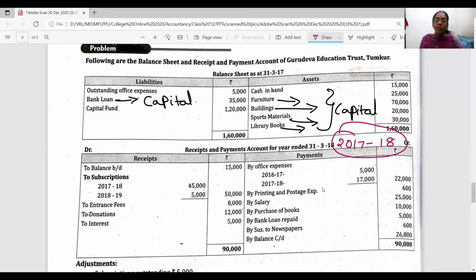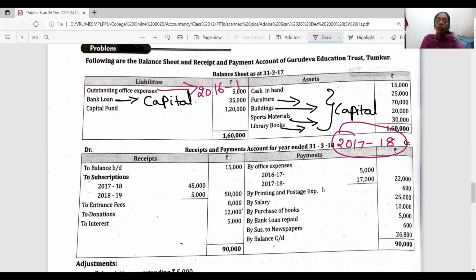And now coming to our understanding, I said this is the previous year's balance sheet. Whatever is given as an adjustment in the previous year's balance sheet should not form a part of your income and expenditure account. So just see this particular item, office expenses outstanding. Outstanding for which year is it?